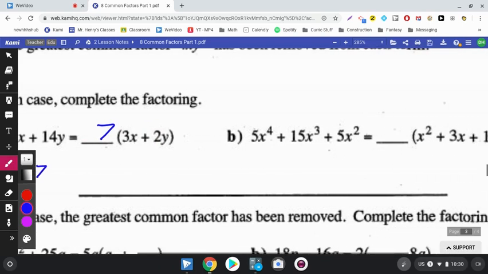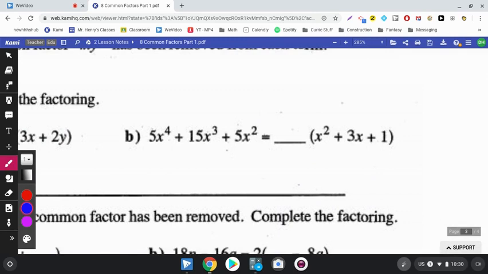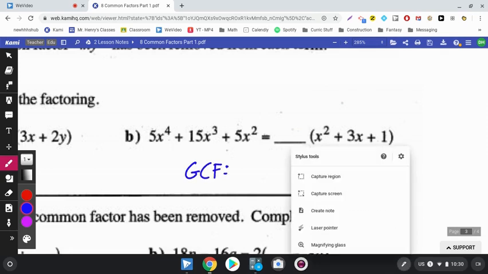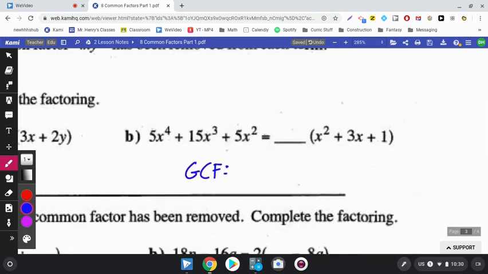Okay, so for b, it's the same thing. 5x to the 4 plus 15x cubed plus 5x squared. And then I've got this factored out piece, and what I did is I divided out the GCF. The GCF of this original thing was, okay, well, 5, 15, and 5. The number is going to be 5. I can at least divide by 5.